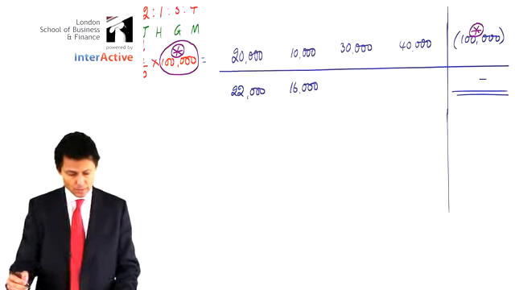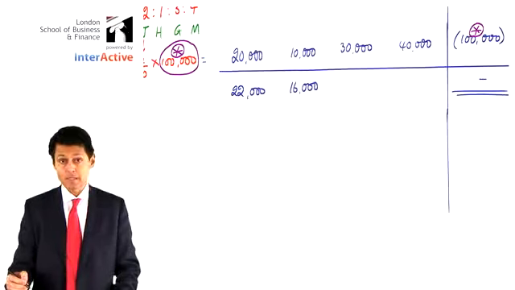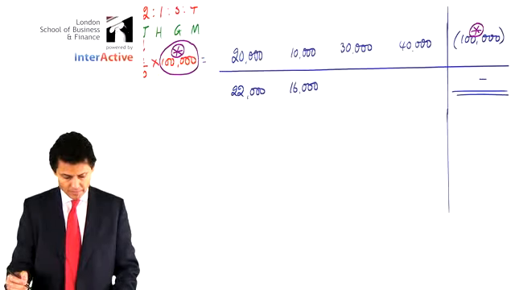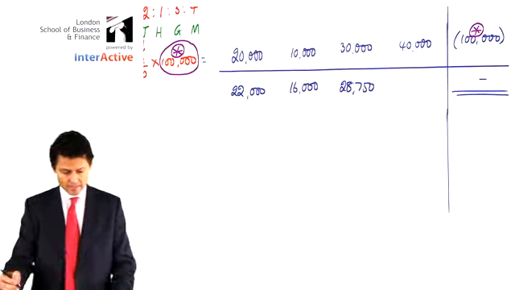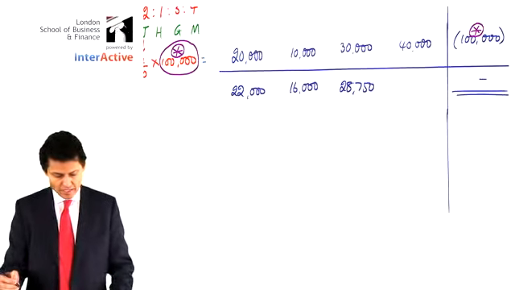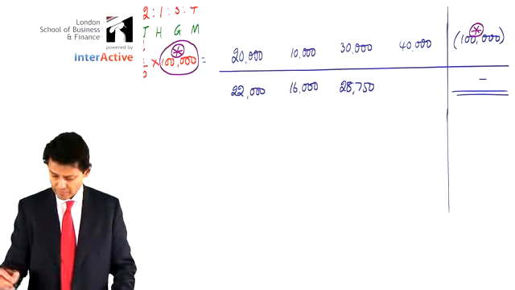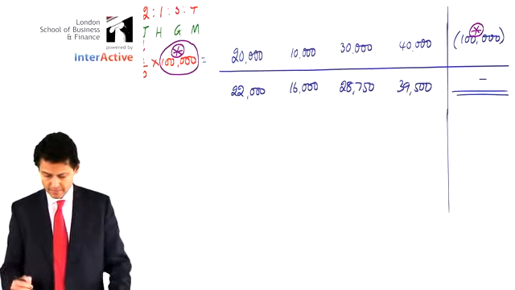As you can see there, no interest on drawings for Howard. When it comes to Gary, I suppose it's the figure of 28,750 that we need. And the last one, of course, 500 taken away from 40 is about 39,500.